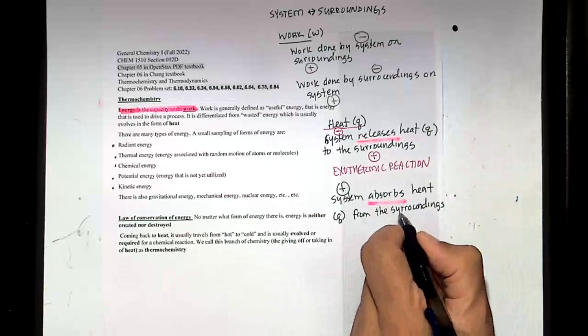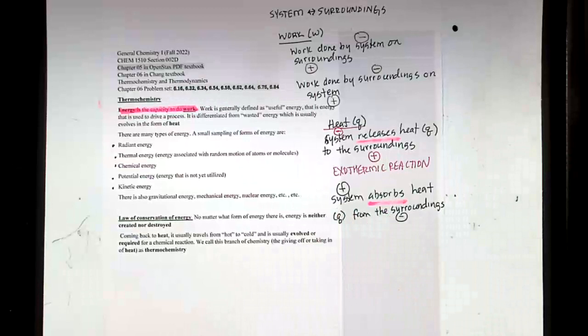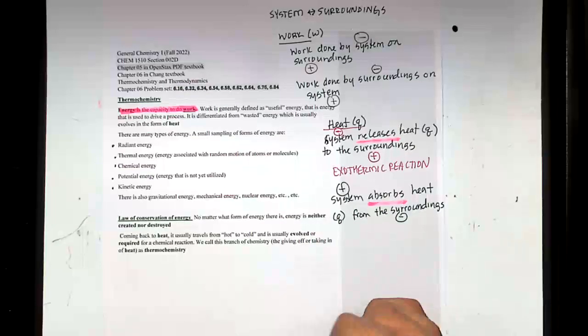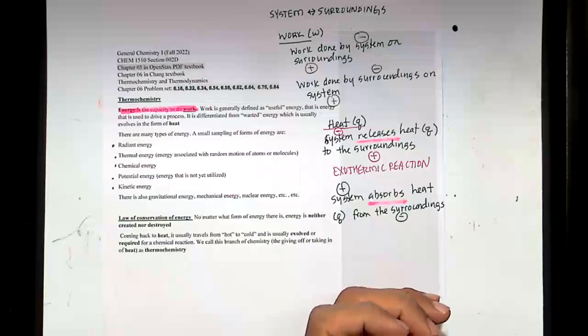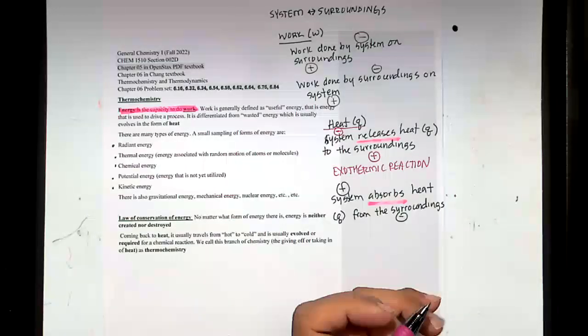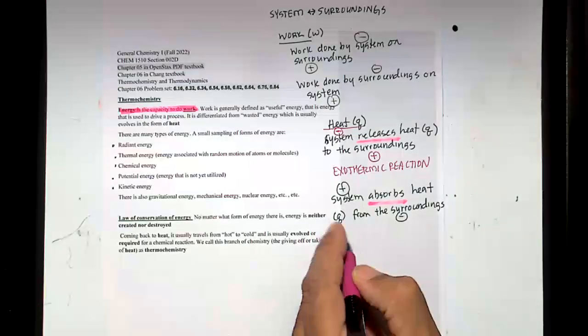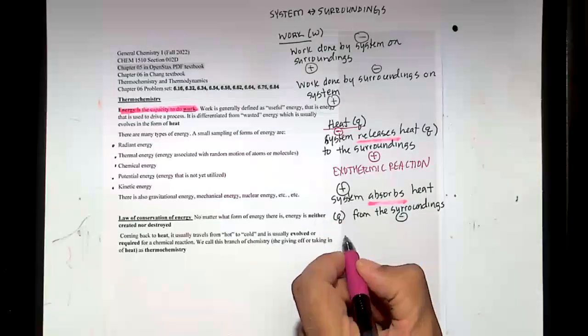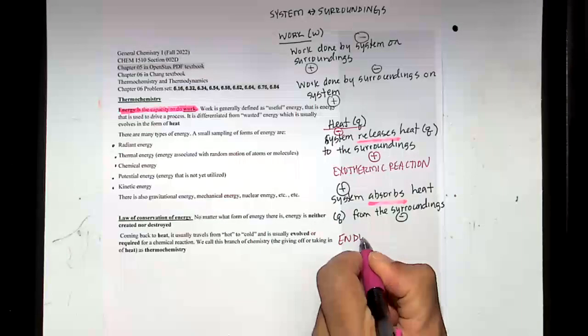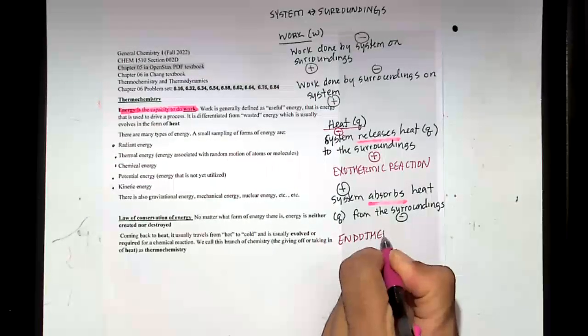What is the sign of the surroundings? So the surroundings give heat. If they give heat, or it releases heat, if I release something, I become negative, and someone else takes it, they become positive. With regards to the system, this is an endothermic reaction.